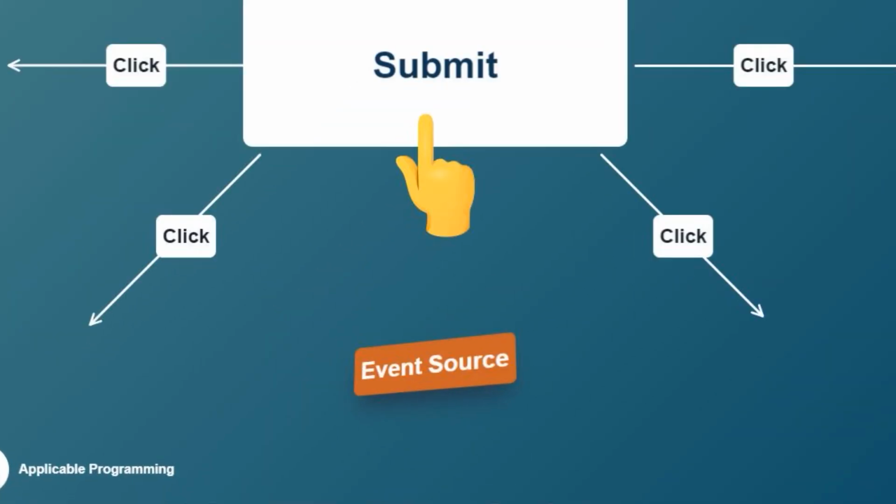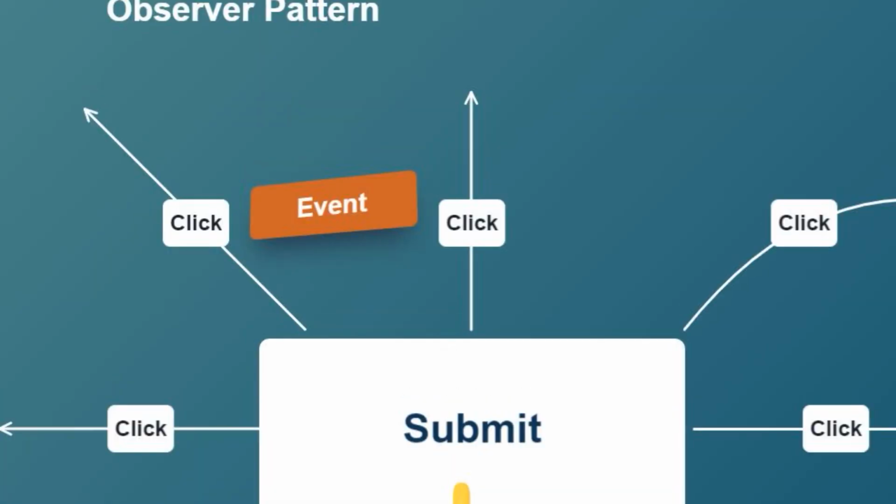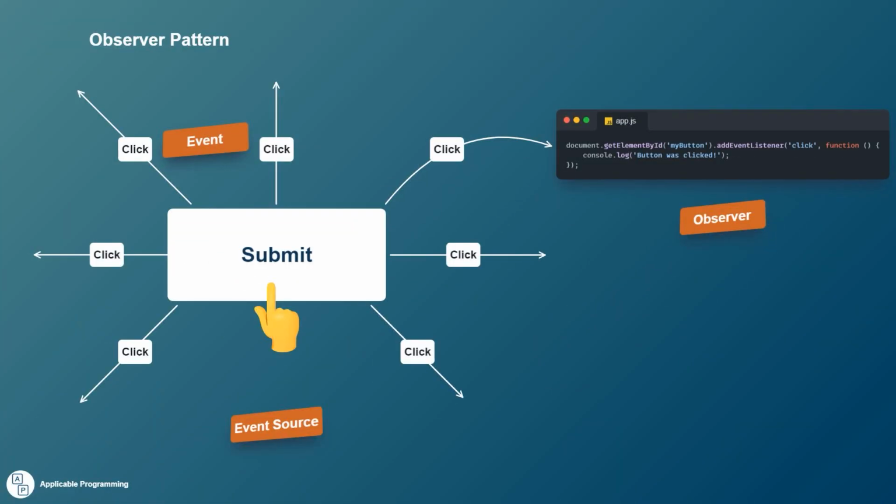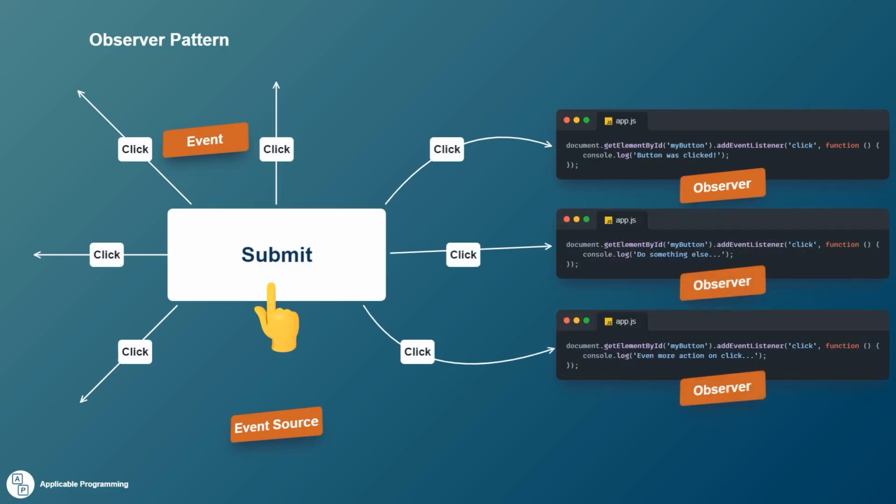We can submit the form, or maybe send some request to the backend, do validation or whatnot. The button is the event source, the click itself is the event being sent, and our code that observes the event is called, well, the observer. But what is cool is that we can attach many pieces of code to this event and they will all react to the same event.